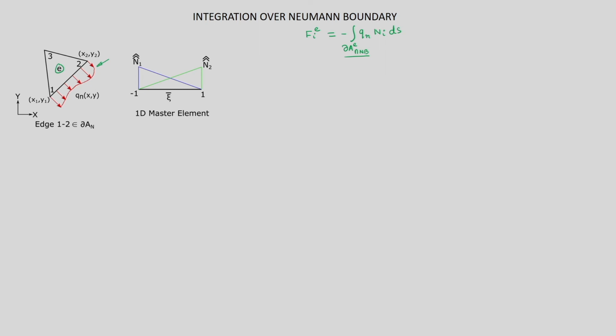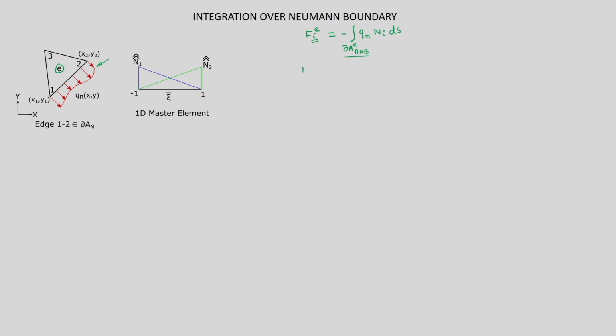In this case we have only one side where the Neumann boundary condition is specified. So, basically we have to integrate only over side 1 2. Please note that these numbers given for element E are local numbers, and these i's are also local numbers, because we are calculating the element force vector.